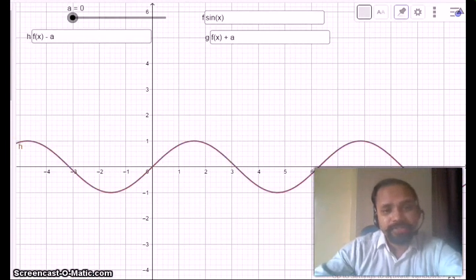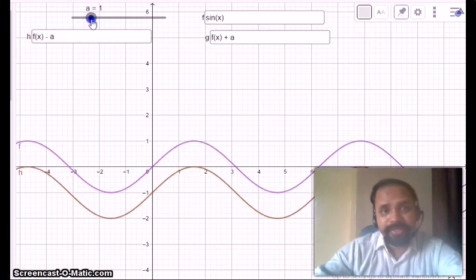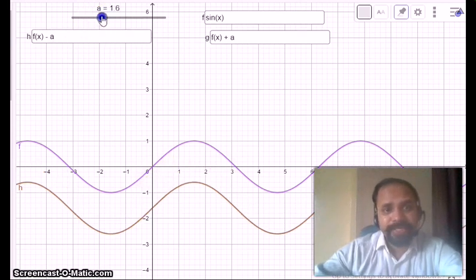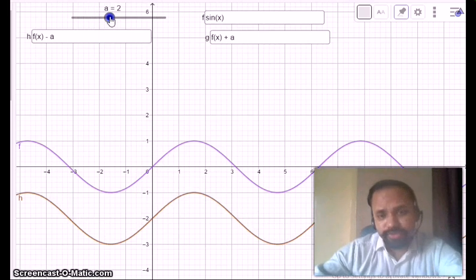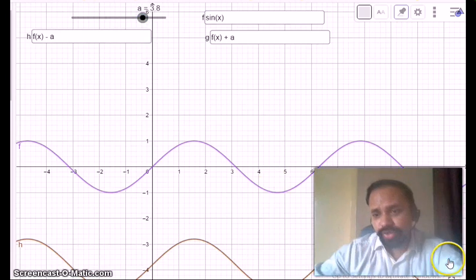Now see this function f(x) minus a. If we subtract a units, then this graph goes a unit downwards. Please see, if a equals 1, then it's shifted 1 unit downward. Then if a equals 2, then 2 units downward. Then 3 units downward, 4 units downward, and so on.